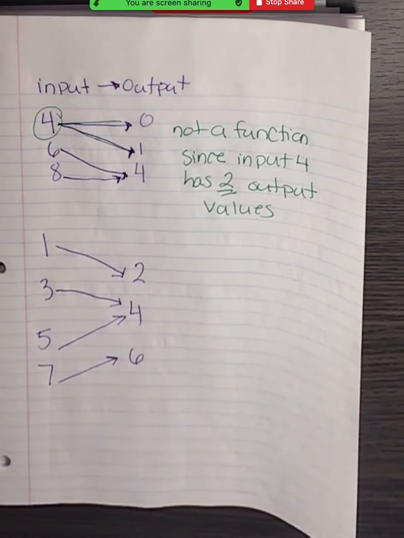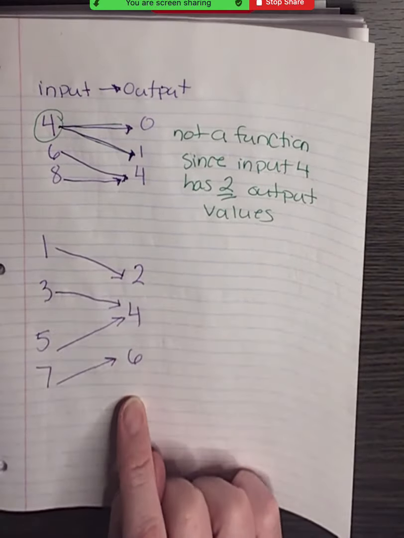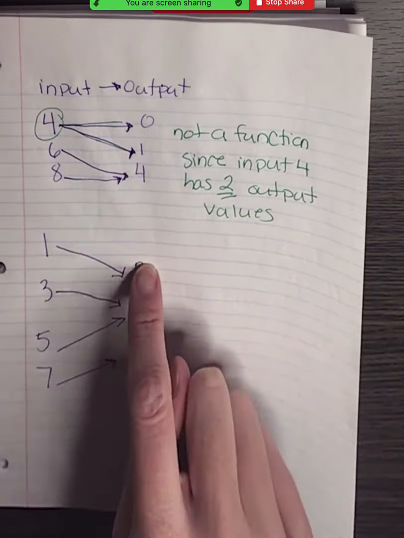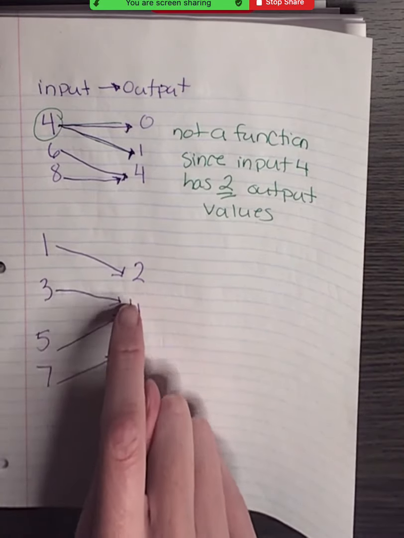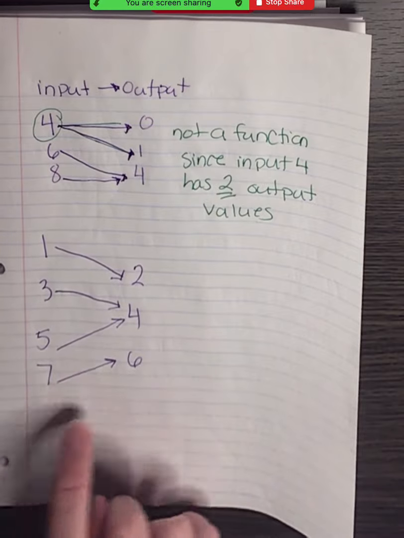Here's another relationship. These are our inputs, these are our outputs. So 1 maps to 2, 3 goes in, 4 comes out, 5 goes in, 4 comes out, 7 goes in, and 6 comes out.